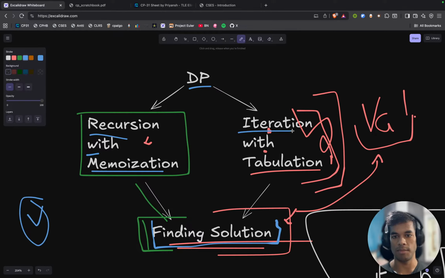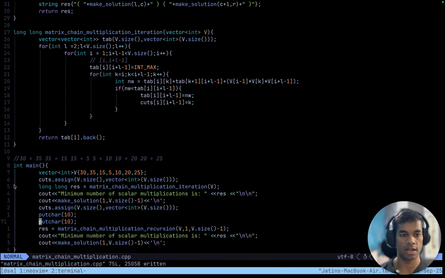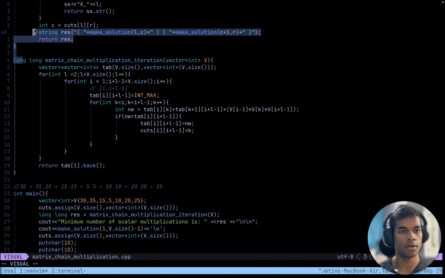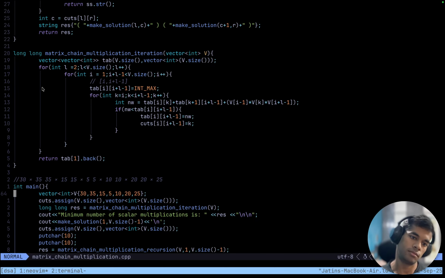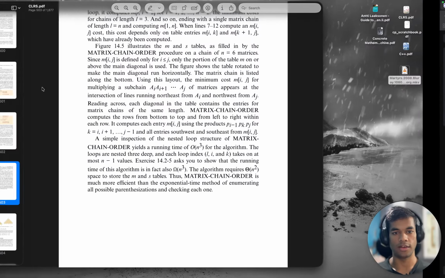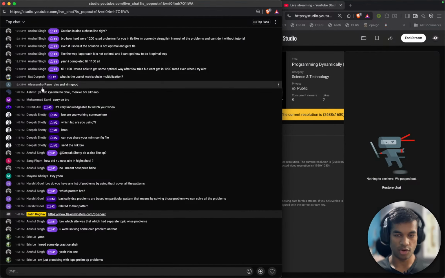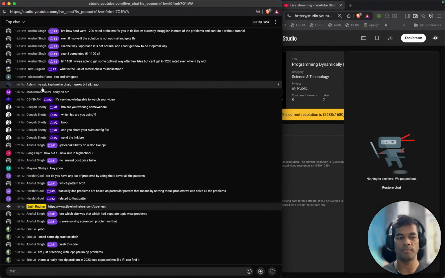Then I implemented the same with iteration and tabulation, which also gives the solution and not just the optimal value. That is cool. Reading about things and making opinions and frameworks helps a lot.